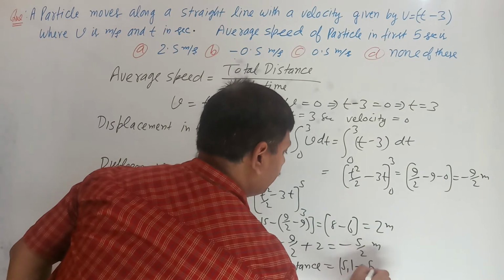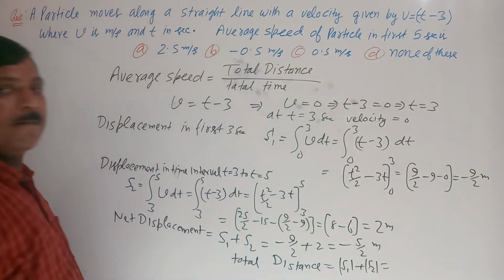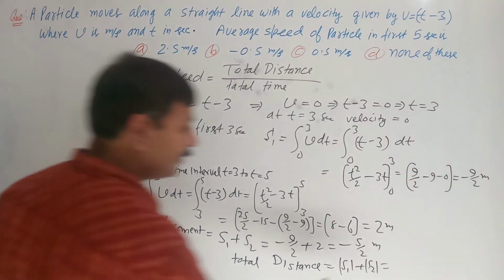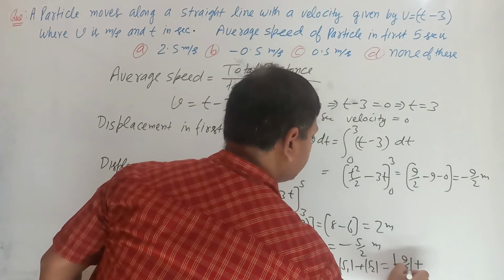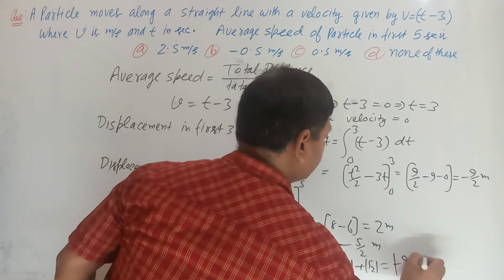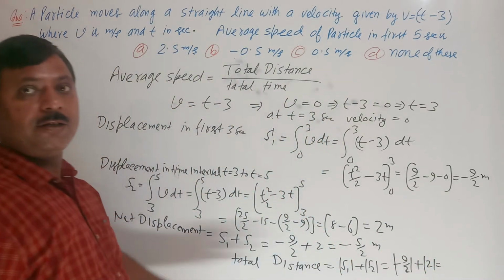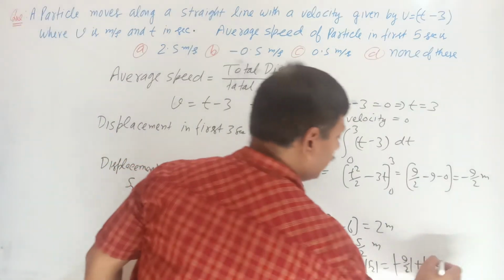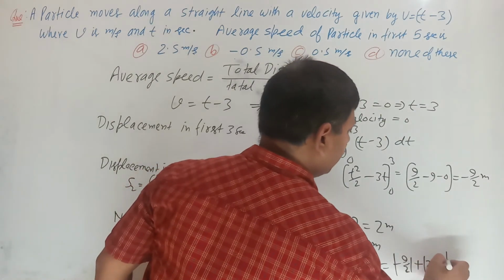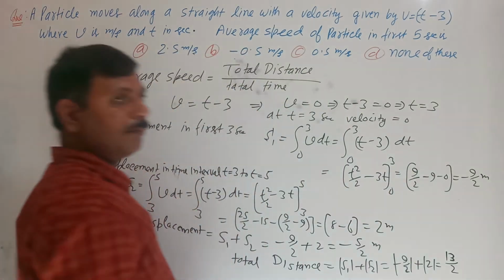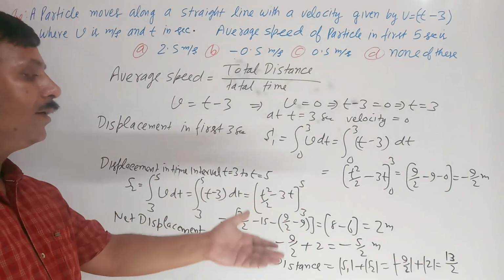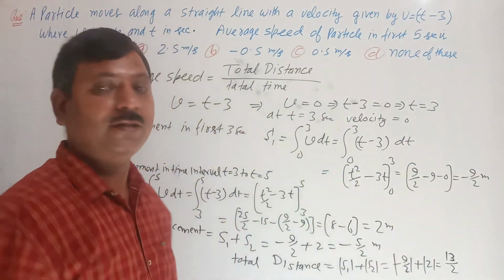So that will come minus 9 by 2 mod plus 2, so plus 9 by 2 plus 2. 9, 2 2s are 4 plus 9, 13 by 2. This will be the total distance, 13 by 2 meter.